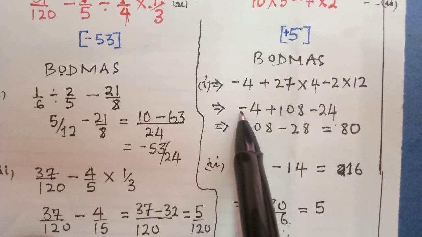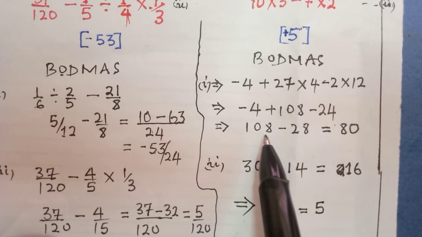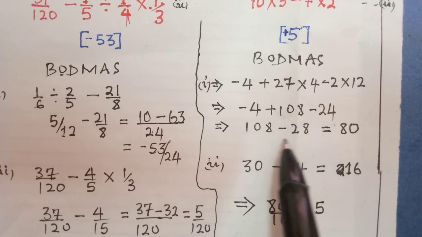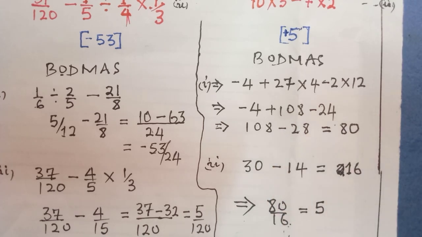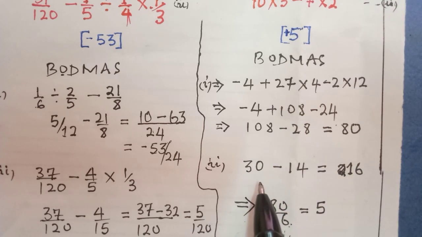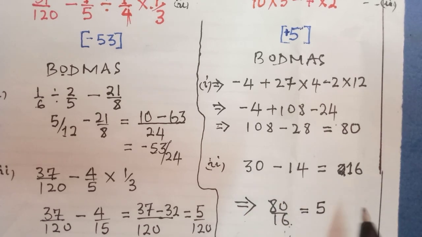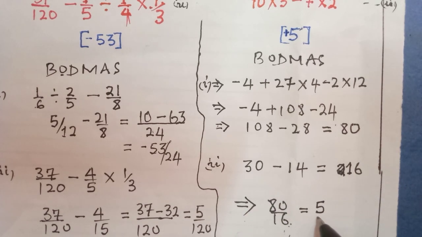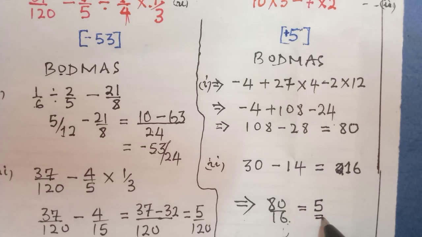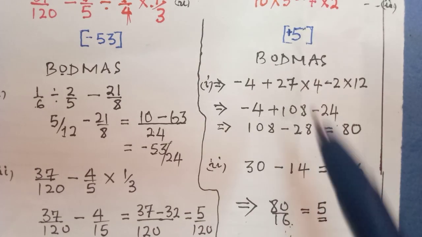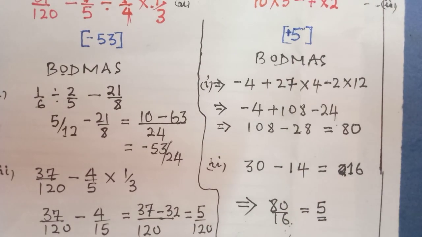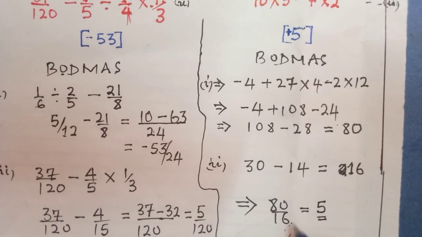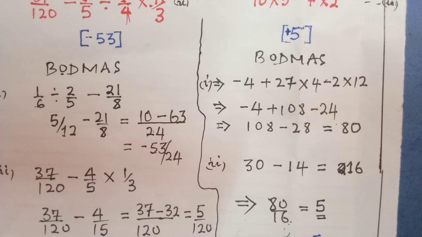Here we have minus 4. So if we do that, it will be 108 minus 28 is 80. So the upper side is 80. And the underside is going to be 30 minus 14, 16. So this is our answer, guys. Sorry for the small mistake I have made on that. This is supposed to be plus. So this one now gives us 5.